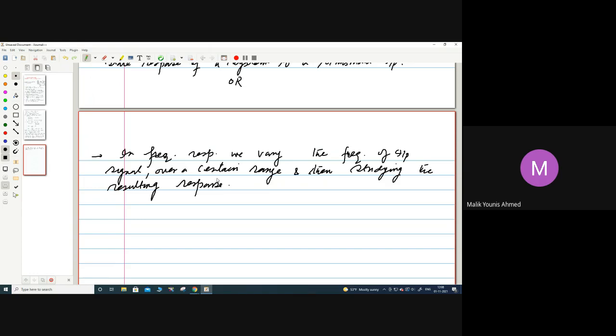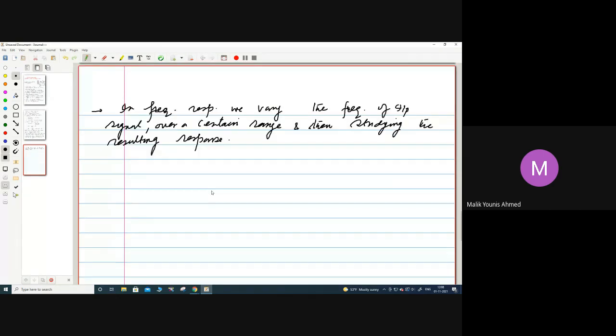I will repeat it again: whatever sinusoidal input we give, we vary the frequency of that input over a range wherever it is possible to get the particular plot, and then we see the resulting response. So that was an introduction to the frequency response.